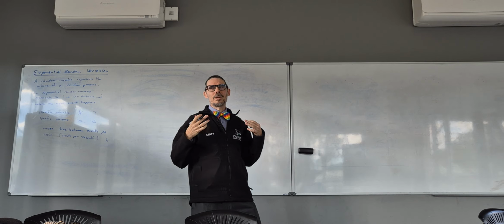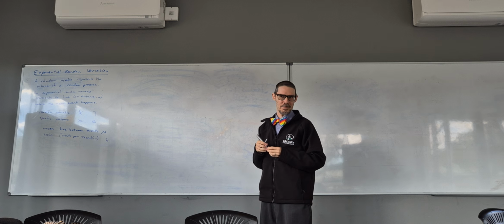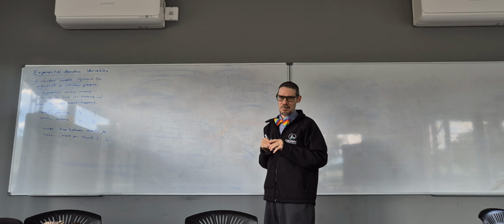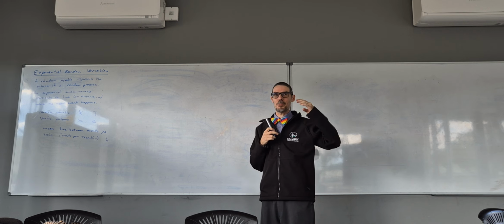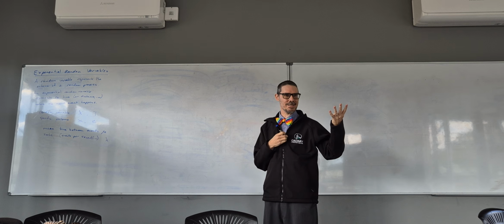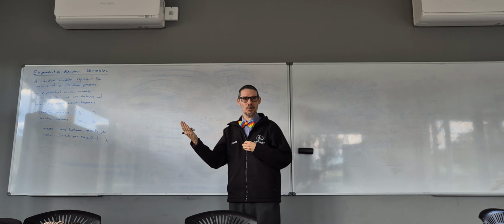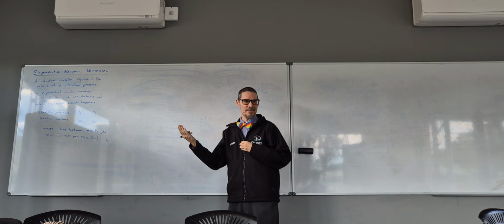What's the relationship between the time between events and the events per unit time? What's the relationship between mu and lambda? If there's, for example, 4 calls per second, what's the mean time between calls? 0.25, a quarter, yeah.